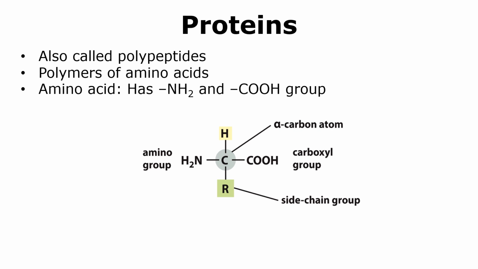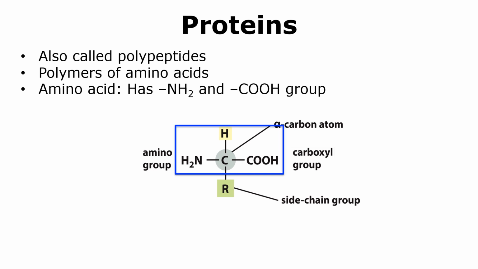Amino acids bear that name because they have an NH2, which is also called an amino group, and they also have a COOH group, which is called a carboxylic acid group. And hence these molecules have both the amino group and carboxylic group, giving the name amino acid.